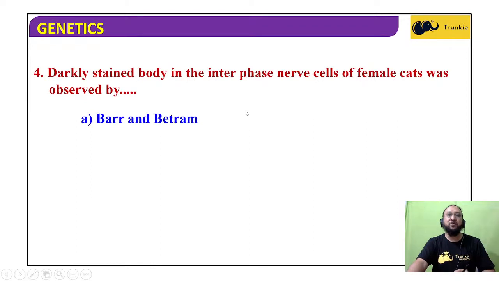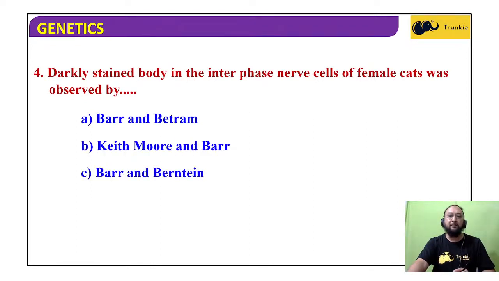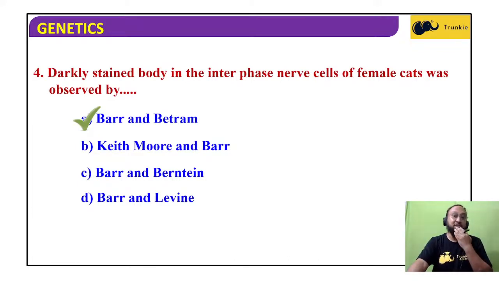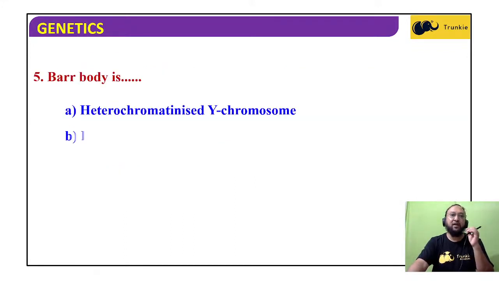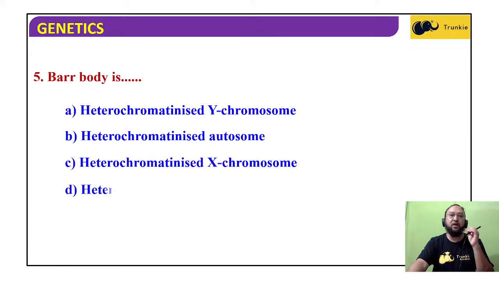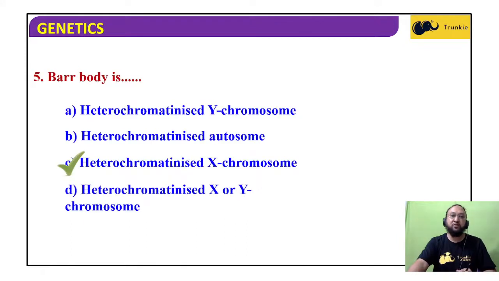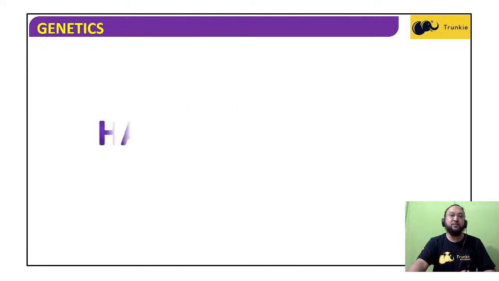It was observed by Murray Barr and Bertram, and it was named the Barr body. So a Barr body is a heterochromatized X chromosome, option C.